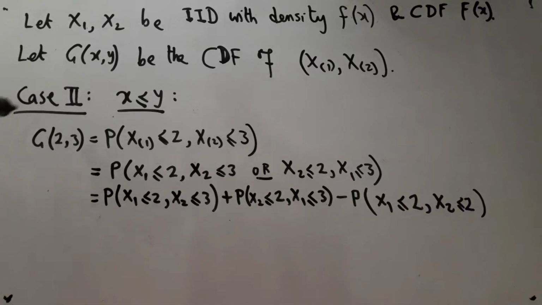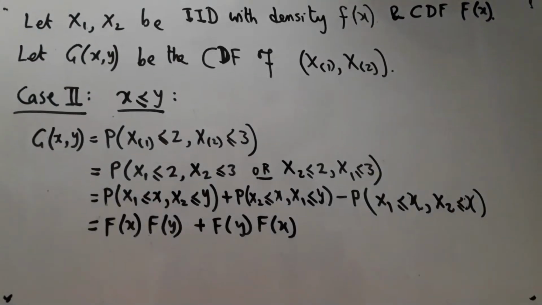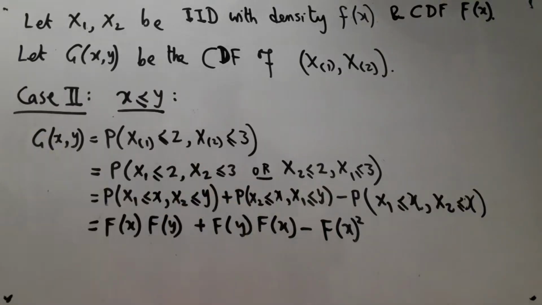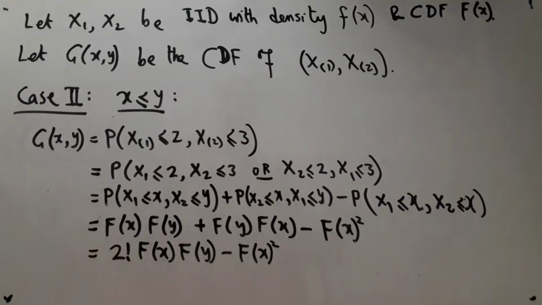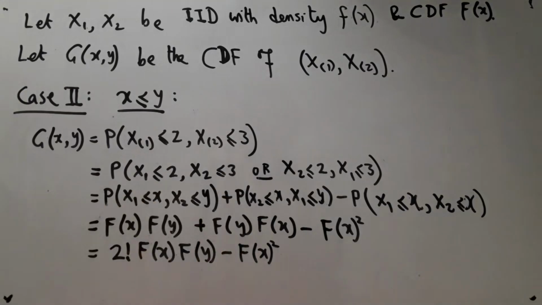Now going back to general x and y, since X1 and X2 are both IID with CDF capital F, this becomes this, similarly this will be this, and finally this will become this. So you notice these two things are actually the same thing, only in a different permutation. So had there been 3 terms, we would get the same thing 3 factorial times. So I have written it as 2 factorial times F(x)F(y) minus F(x) squared.